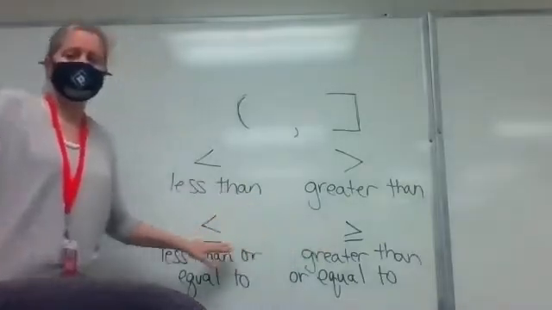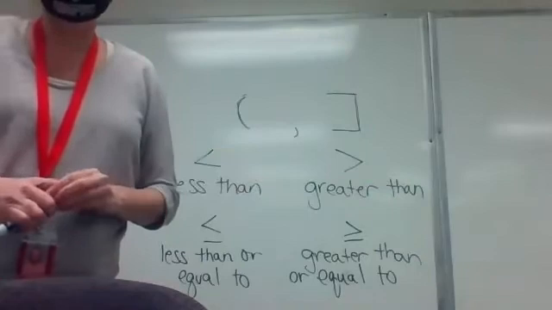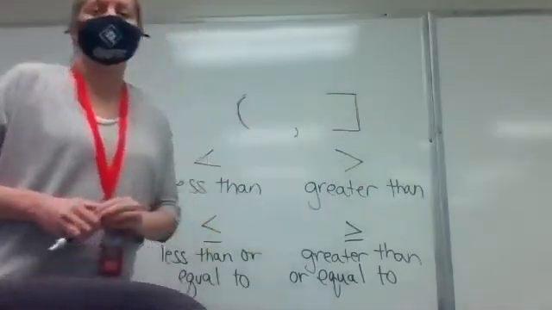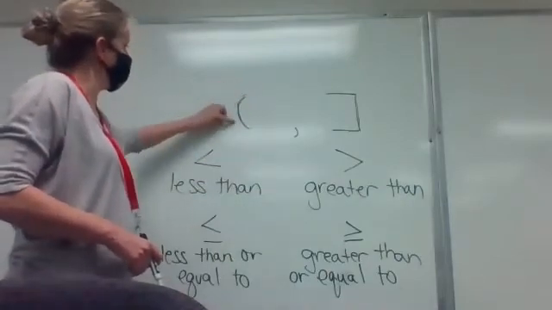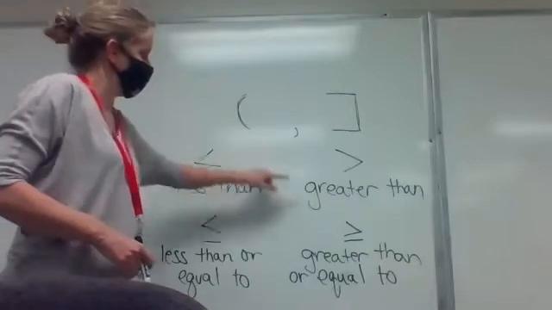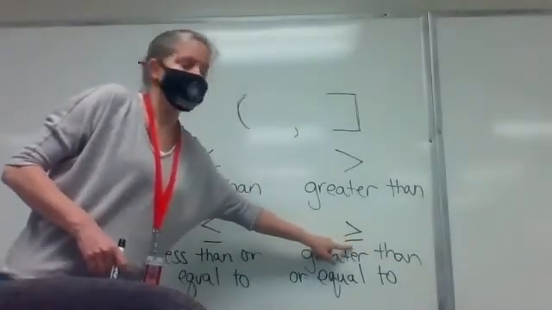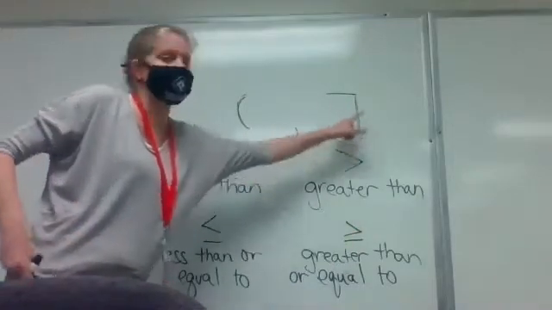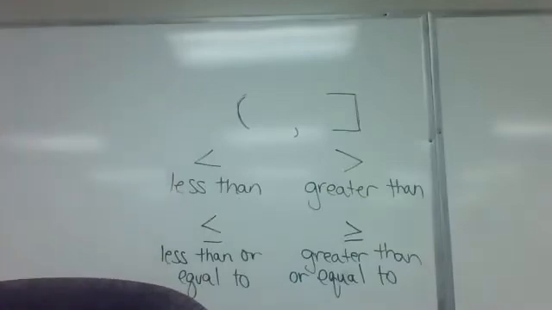These two, if you have the equal to bar, that is when you are going to use a bracket around that number. So no equal to sign is a parenthesis. If it's got the equal to thing below the arrow looking thing, that means you're going to use a bracket. Okay?